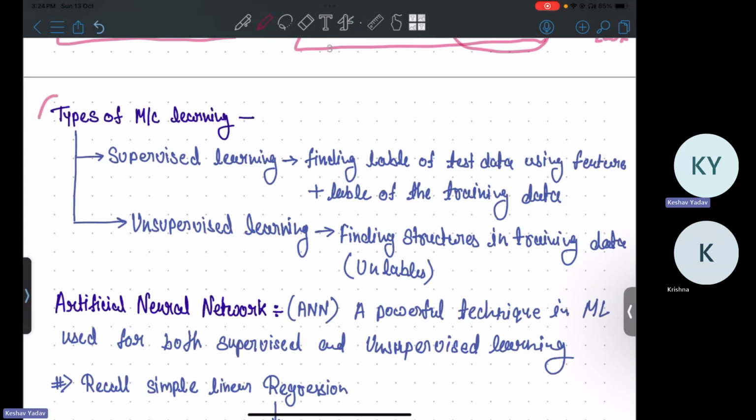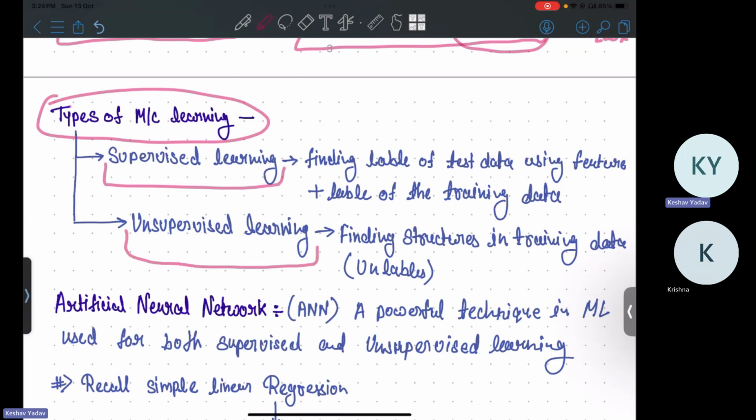So, types of machine learning. Machine learning can be broadly classified into two categories. The first one is supervised learning, the second one is unsupervised learning. In supervised learning, we find the label of the test data using features and label both of the training data.